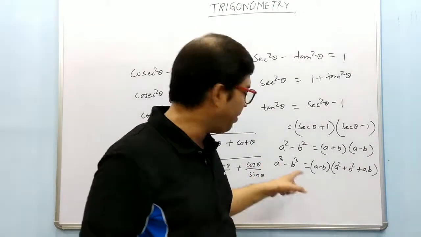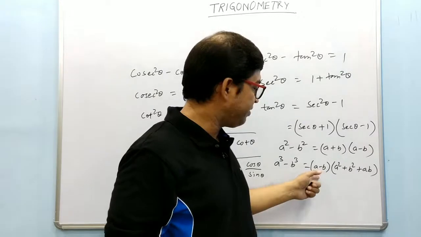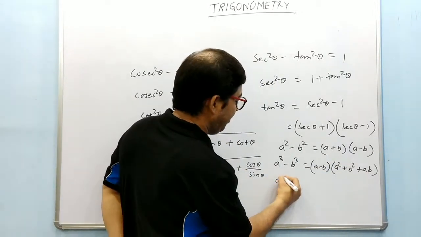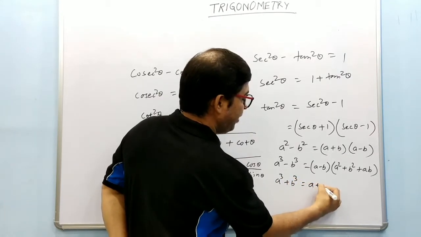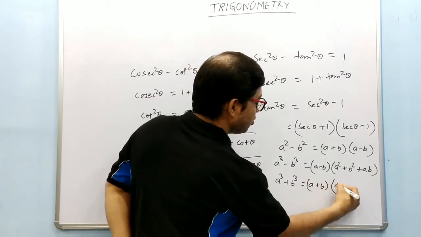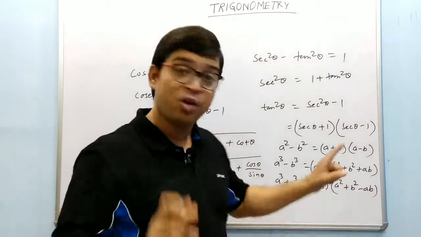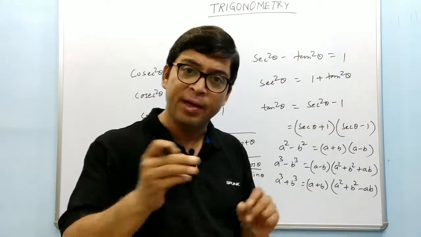A very easy way to remember: in a cube minus b cube, a minus b is there and everything else is in plus. It is minus, so everything else is plus. Best way to remember. So can you tell me a cube plus b cube? You will write a plus b, and here a square plus b square minus ab. Be careful, it is not 2ab, it is only ab. Plus ab or minus ab.